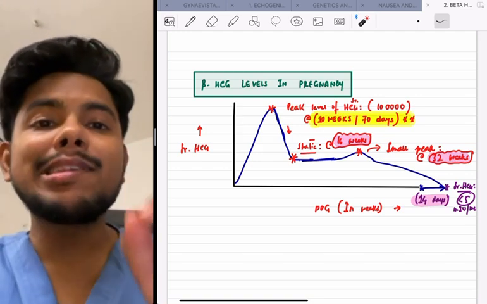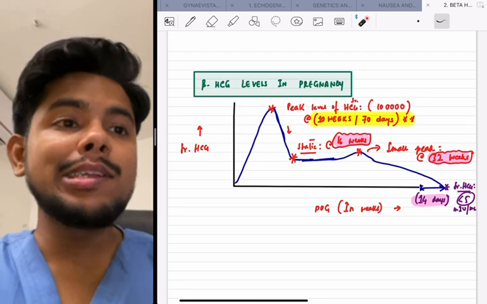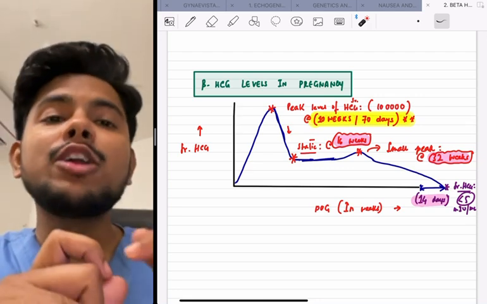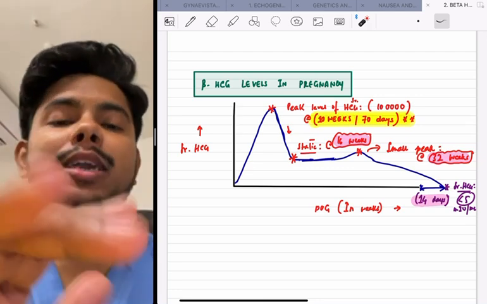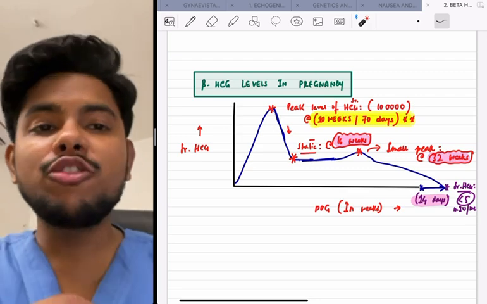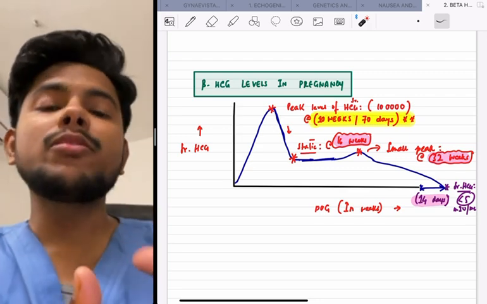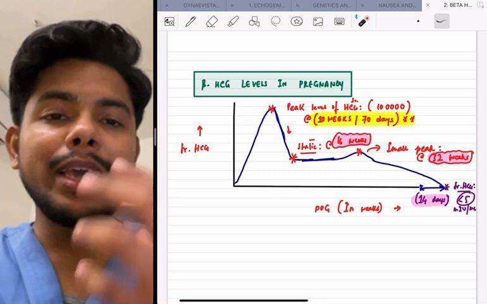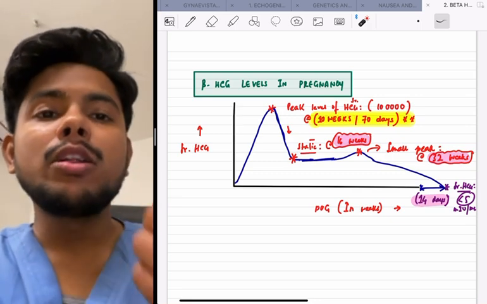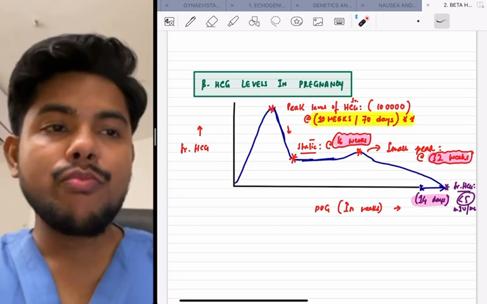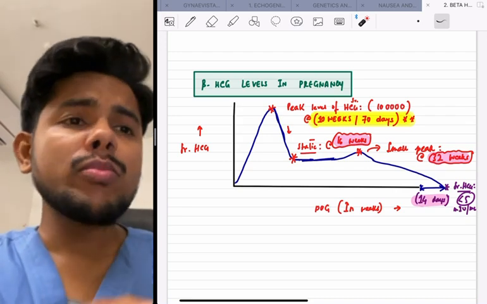And who saves the corpus luteum? It is the hCG. I told you already, hCG has similarity with FSH and LH as far as the alpha subunit is concerned, and thereby they help in corpus luteum rescue. This is number one.